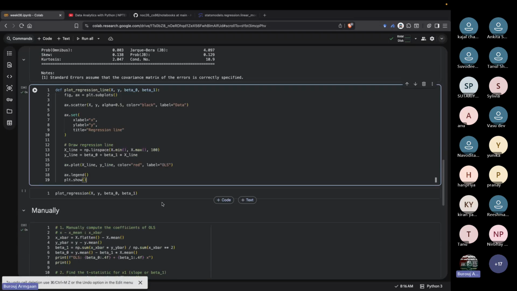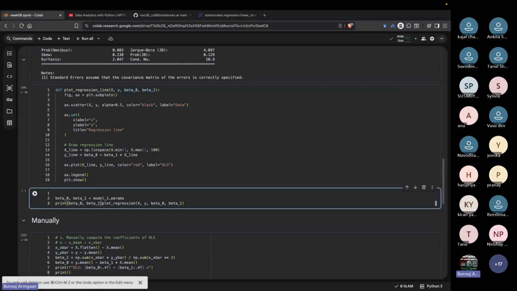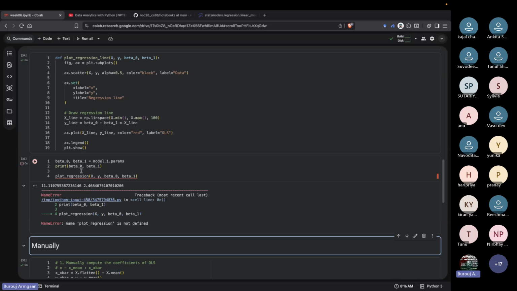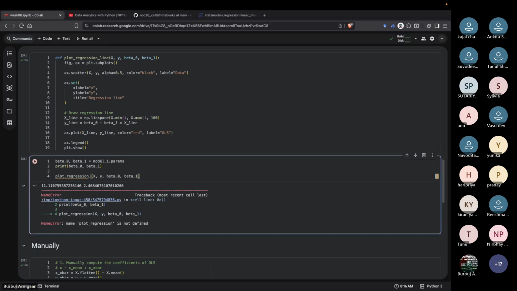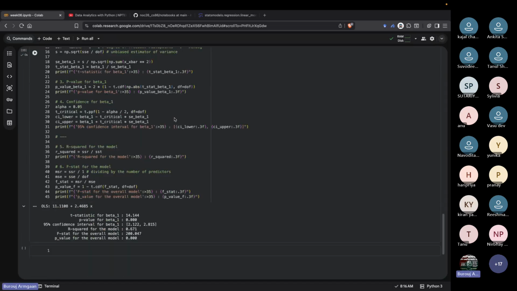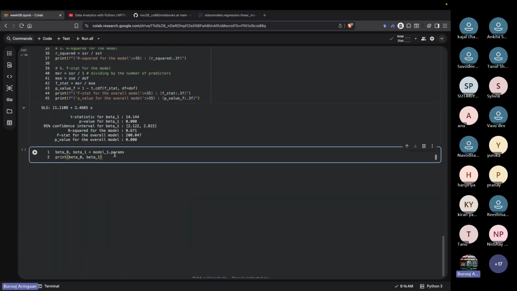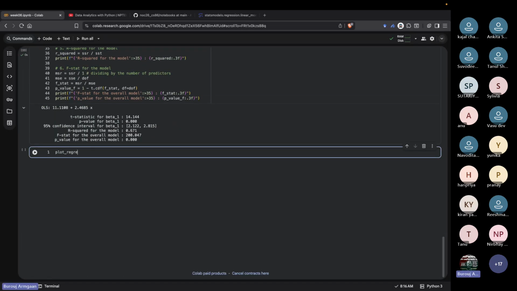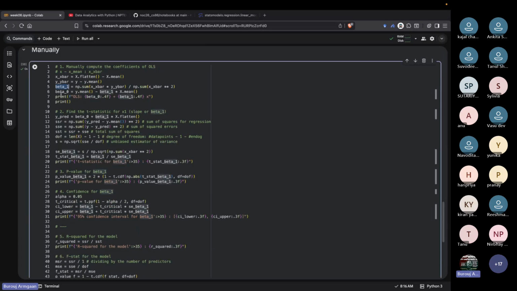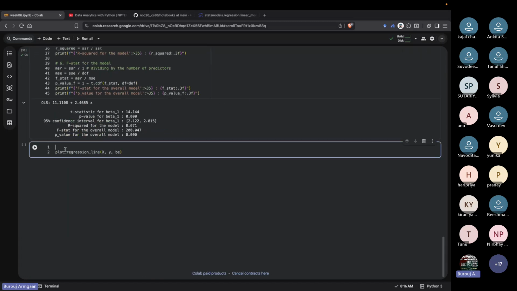Can place this plot regression line. Yeah, so now we can reuse this. So we can say plot regression line. Our x is same, our y is same, our beta 0 and beta 1, we have calculated them here, beta 1, beta 0. We can again print these.